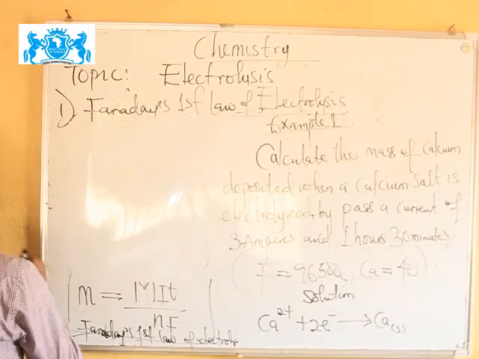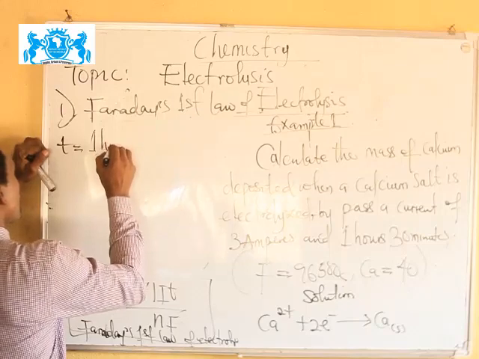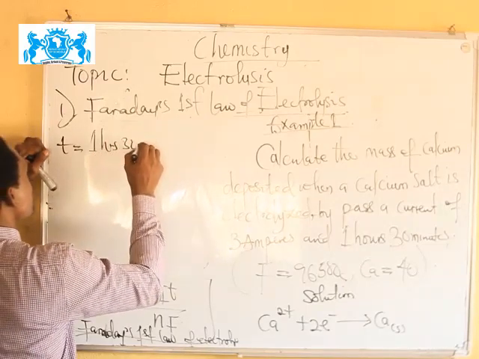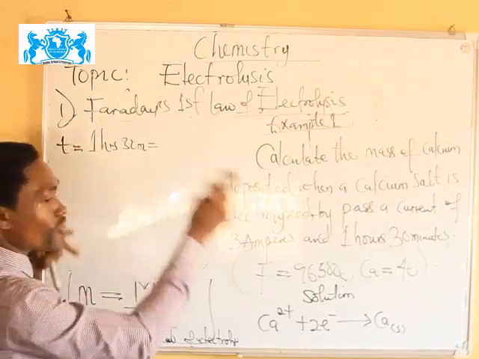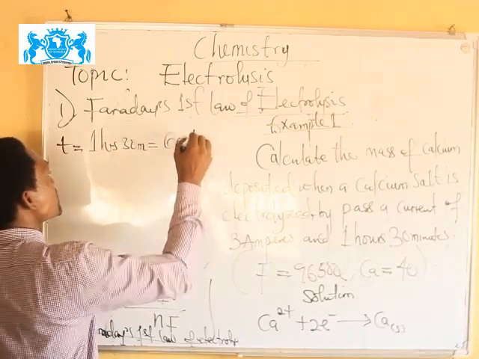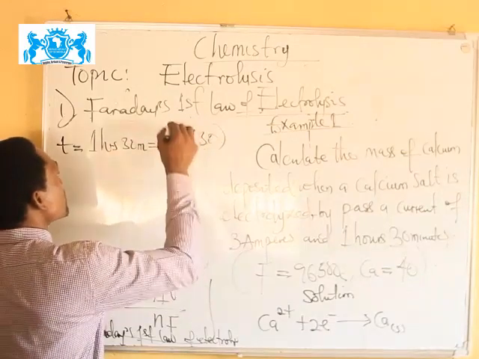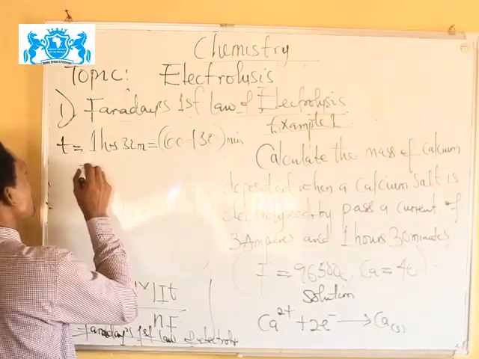Let's convert the time to seconds. T will be equal to 1 hour 30 minutes. First of all, convert it to minutes and then to seconds. 1 hour in minutes is 60 minutes, so 60 minutes plus 30 minutes, all now in minutes, together we have 90 minutes.